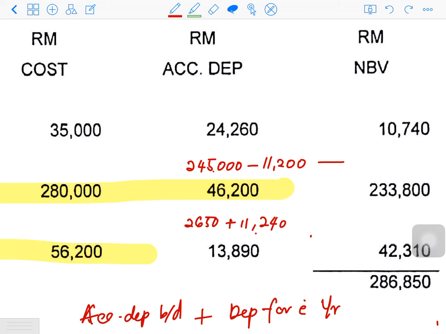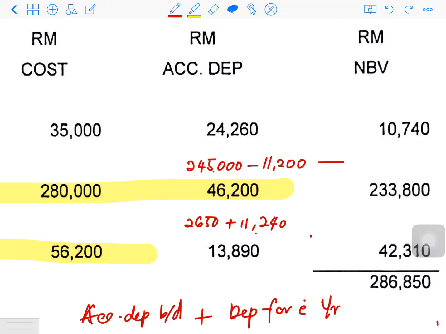It should be here, with regard to this figure. Okay, it should be 233. Sorry, 245,500. 245,000 minus 11,200.